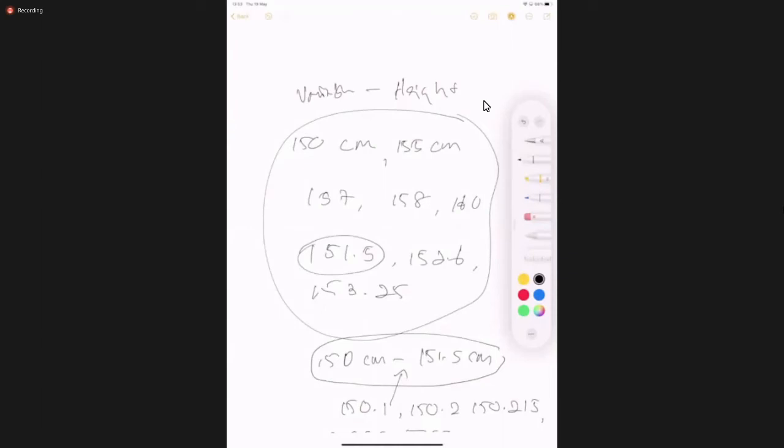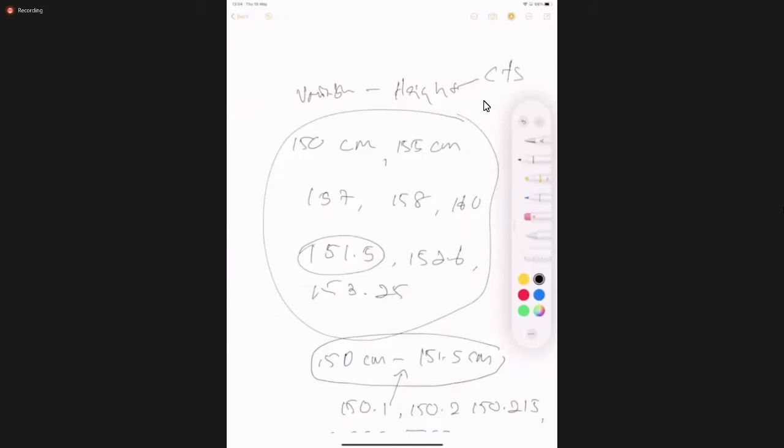We cannot count the values in between one interval. Between 150 and 151.5, there are more values which are uncountable and infinite. Therefore, such a data type is called continuous data, continuous values. So height is continuous data.